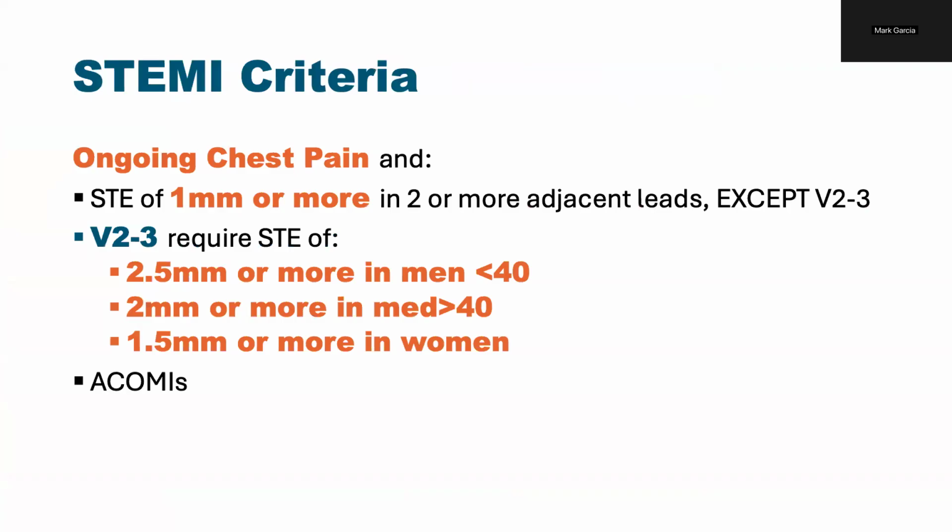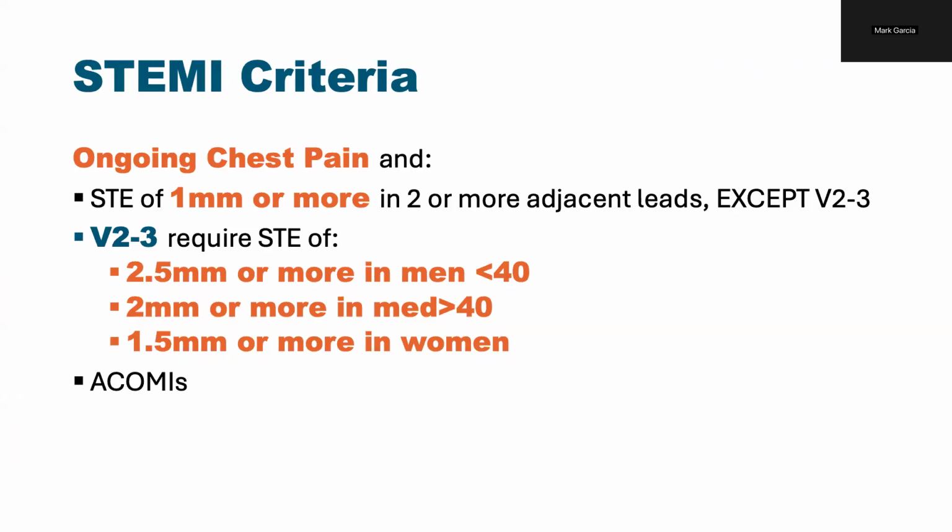You might be asking, okay, remind me again what the STEMI criteria is. So obviously, it's someone with ongoing chest pain. If they're asymptomatic, then you're a little bit more dubious about whether this is a STEMI. But ongoing chest pain plus ST elevation of 1 millimeter or more in two or more adjacent leads, except in V2 to V3, where there's a bit more of a complicated criteria.